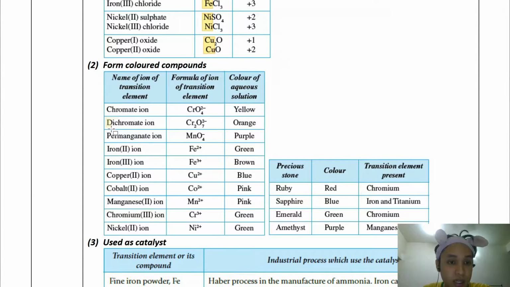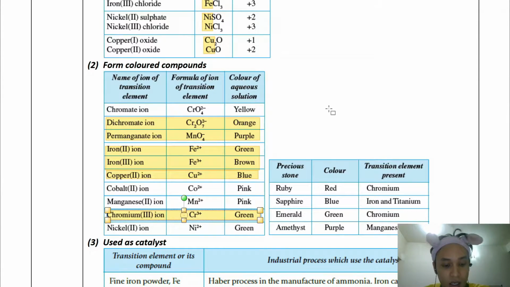Dichromate ions and permanganate ions give orange and purple. This one of course you must know. Iron 2 plus and 3 plus, you will get green and brown. Copper, this one is the most famous one that you must know: copper 2 ions will give you blue color. And then cobalt and manganese will give you pink. Chromium will give you green.